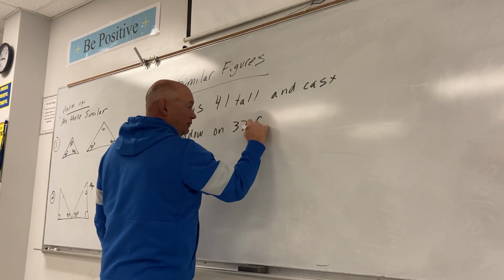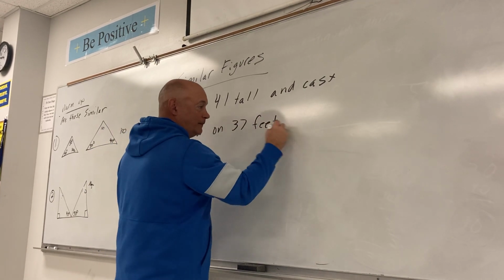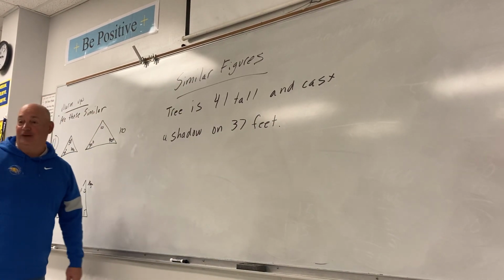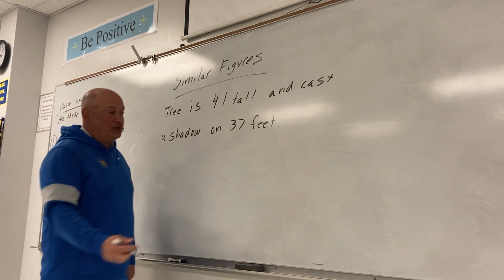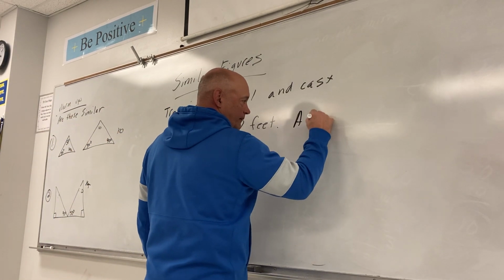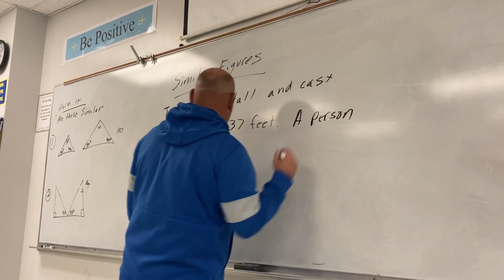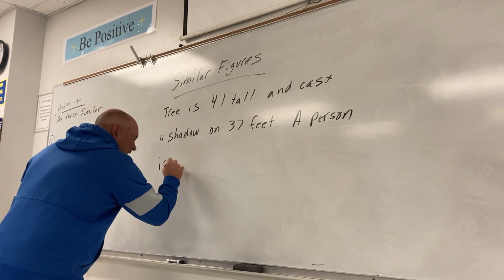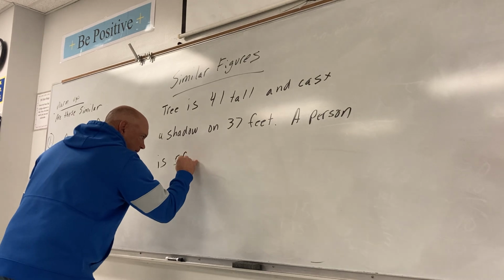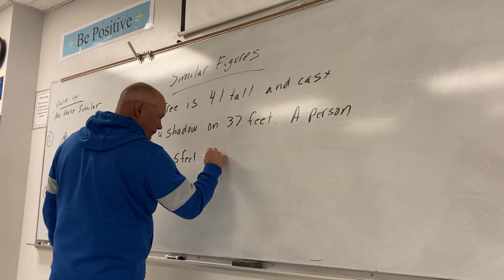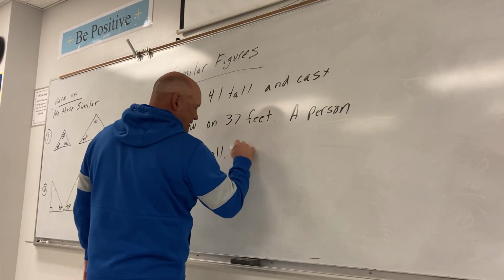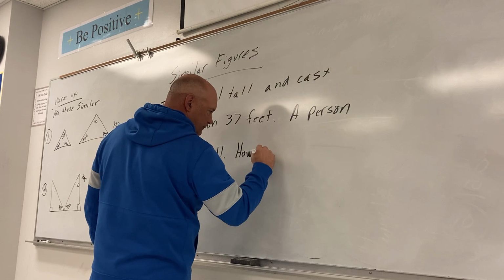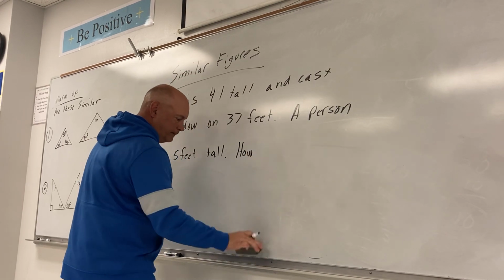I bet Asen can't do this one in his head. Good luck. And a person is, now let's make it 5 feet tall. The question is, how tall is his shadow? Or how long is his shadow?